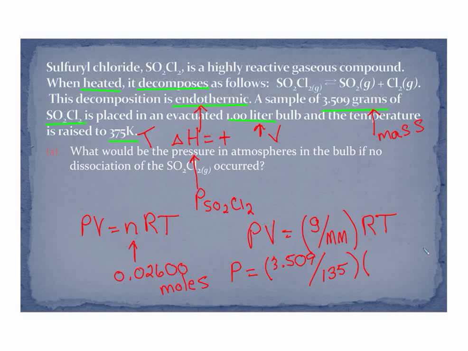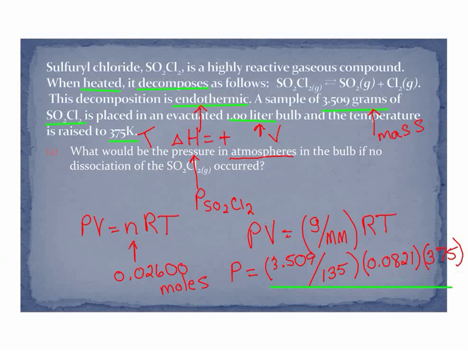Now, when you're working on equilibrium, you really want to be working with atmospheres. So I'm going to use 0.0821 here. And it does say in atmospheres, by the way. And then my temperature has to be in Kelvin, and the writer of this question was very nice to give me the temperature in Kelvin.